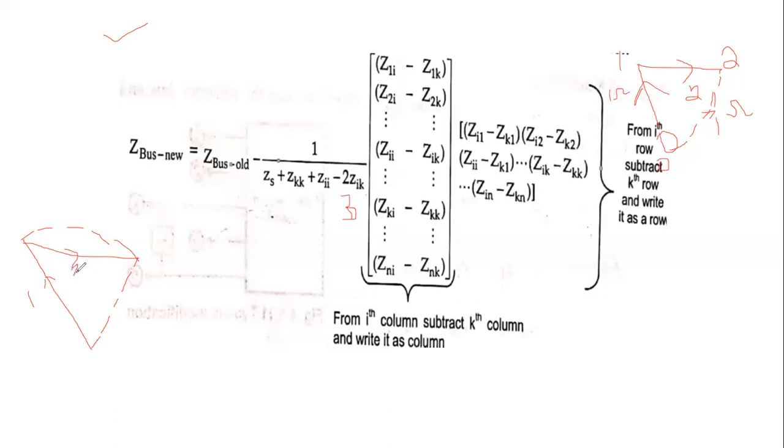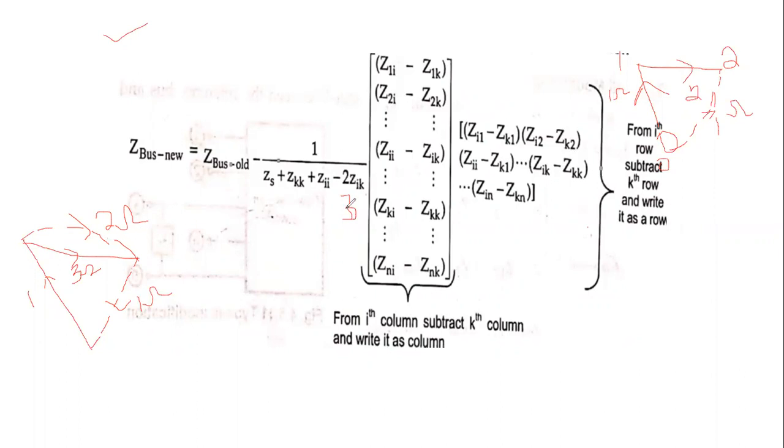This is 1 ohm and this is 3 ohms, and this is also 1 ohm and this is 2 ohms. This is the type 1 modification, this is the type 2 modification, this is the type 3 modification and this is the type 4 modification.